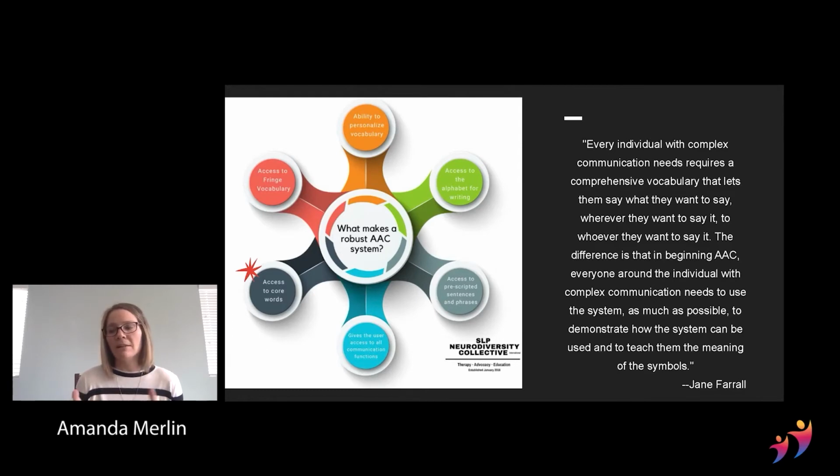But if we're working on literacy at the same time that we're working on language, then our kids can be typing or spelling and helping to find words that they need when they need them. And eventually a lot of our kids, the goal would be that they're typing and using text to speech and those types of things.